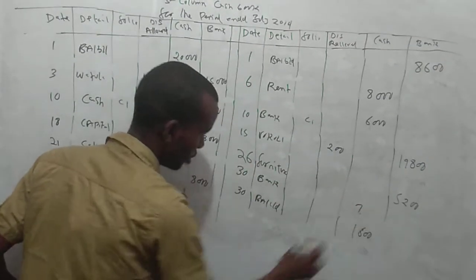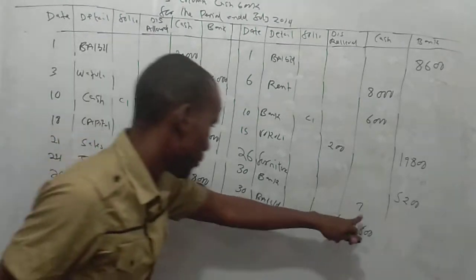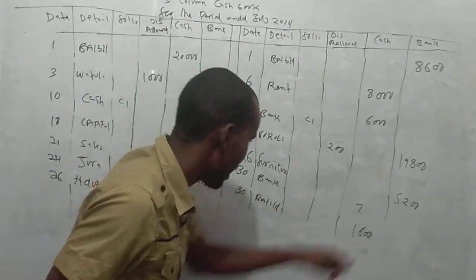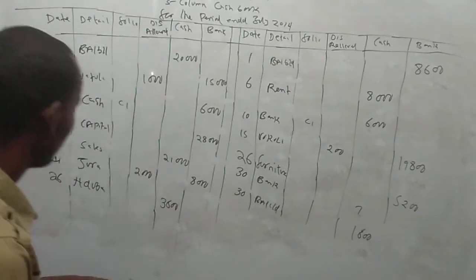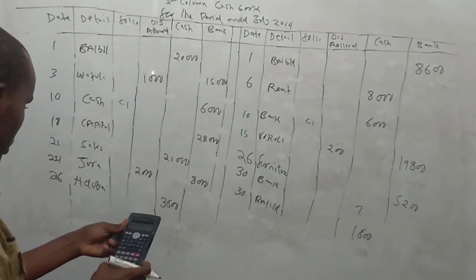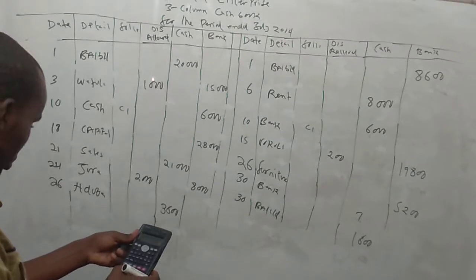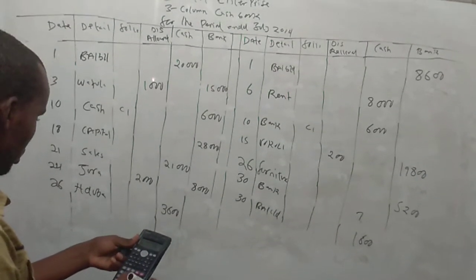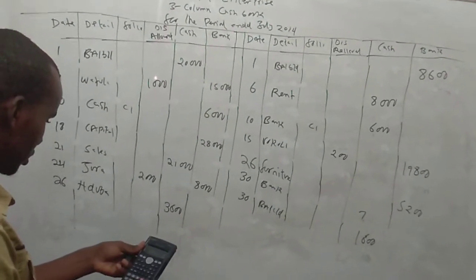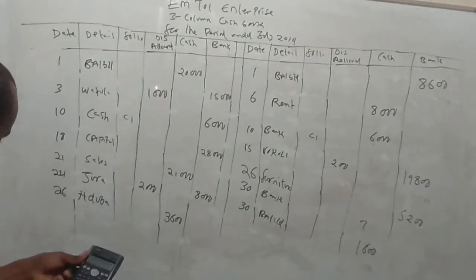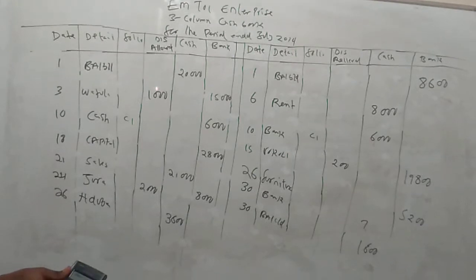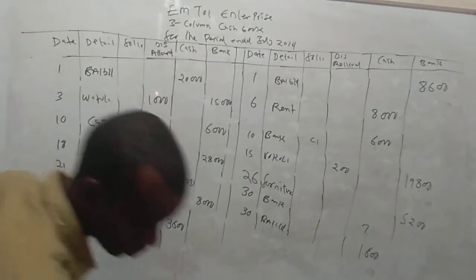In order for you to know this amount to be banked, we add the cash here. Sorry, the cash column is 20,000 on 21st.